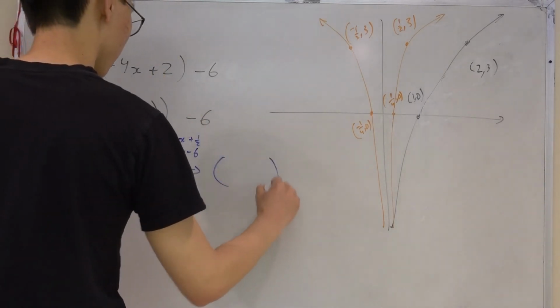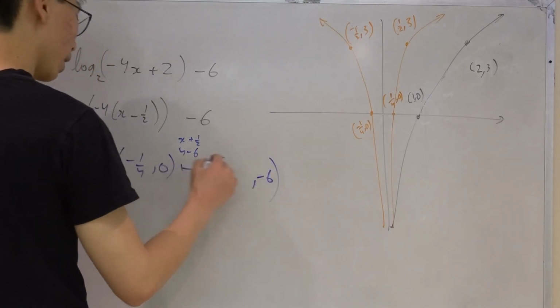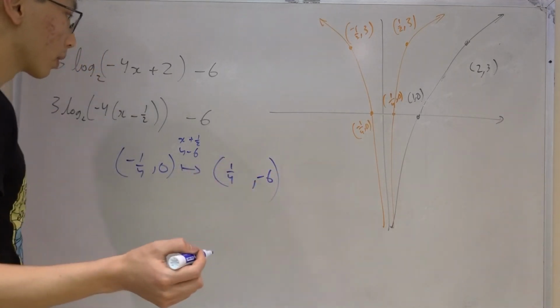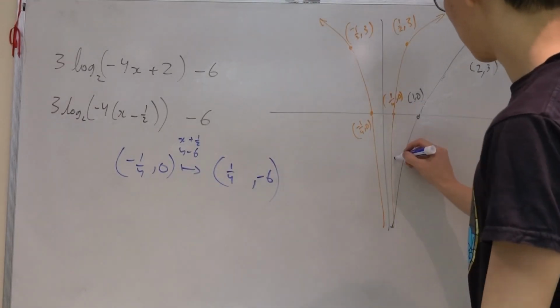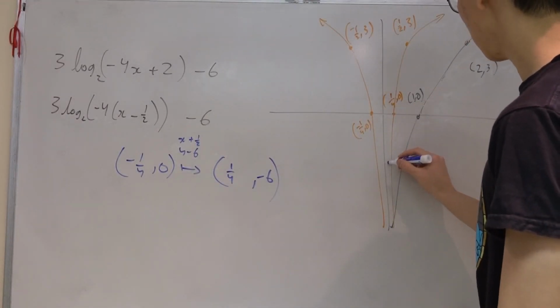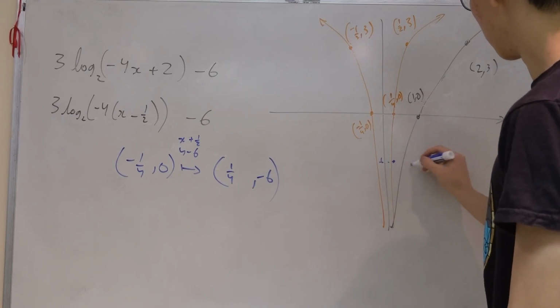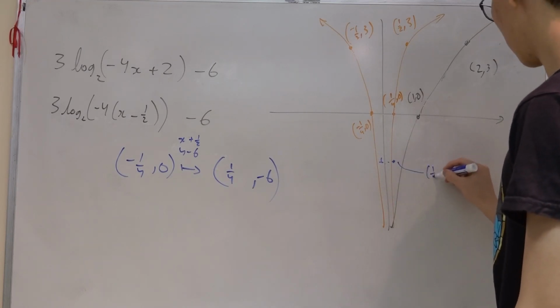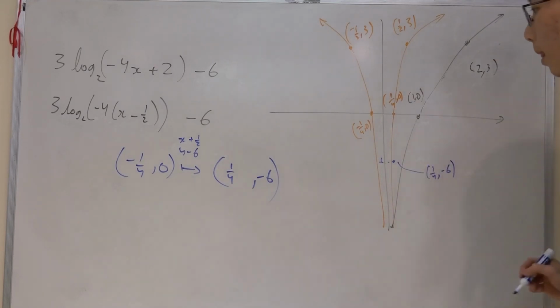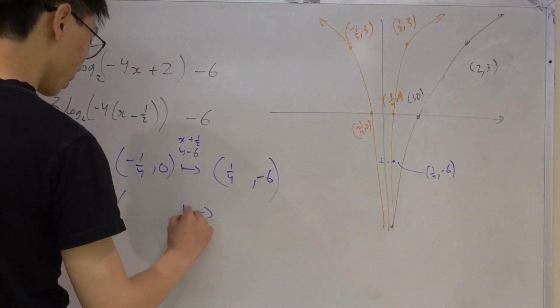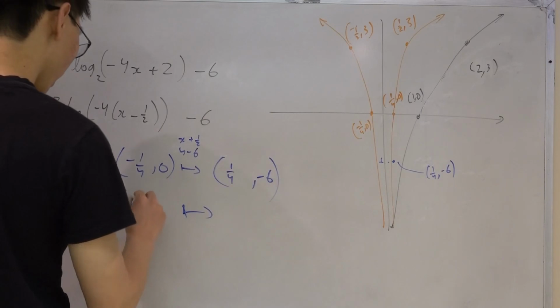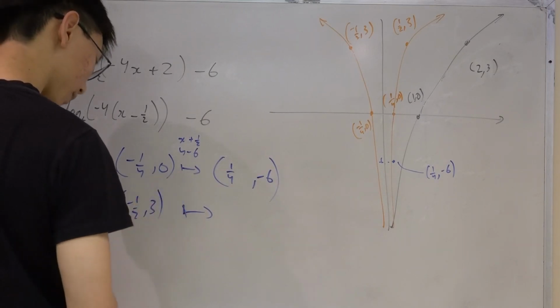Then we get 1/4, -6. So let's just plot that. 1/4, and let's say -6 is over here. So this is -6. This is the point 1/4, -6. The other point, which we do the same thing to, is negative 1/2, 3.